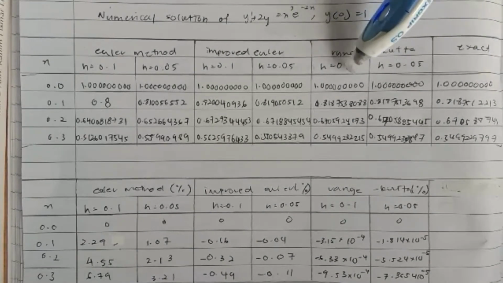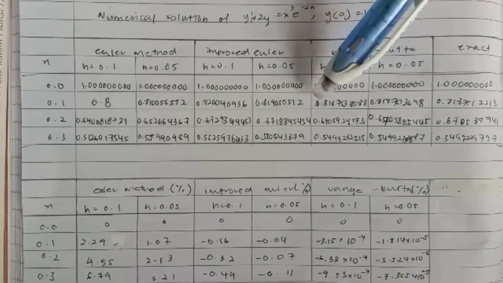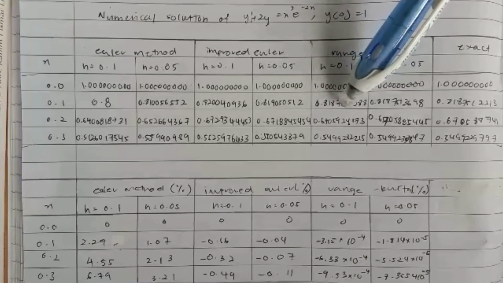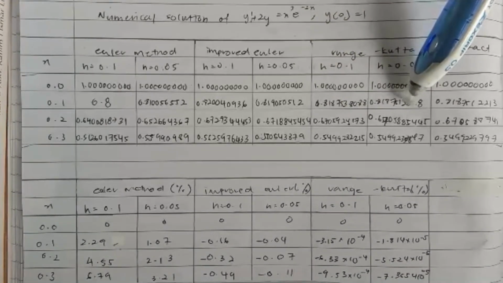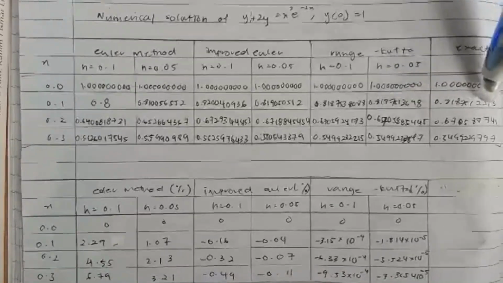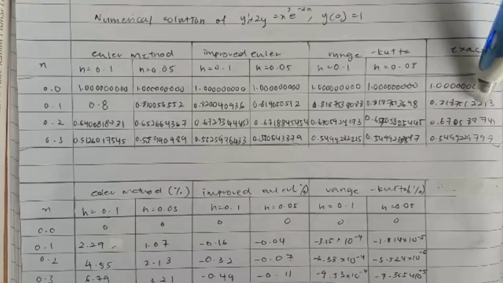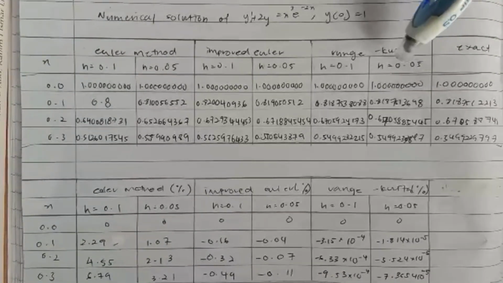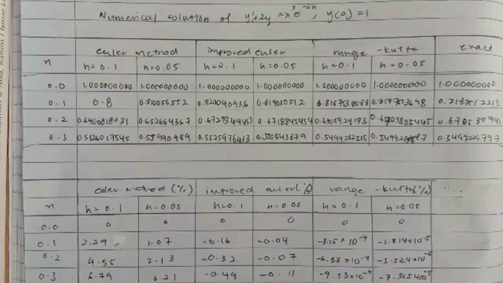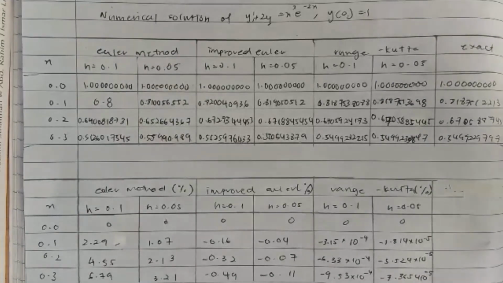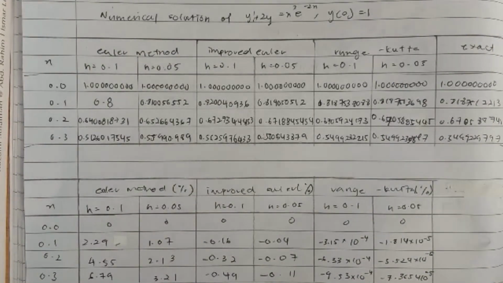But with h equal to 0.1, it's slightly different, with 0.181753888. This one, with 13698, is closer to the exact value. So when the value of h is smaller, the Runge-Kutta calculation will also become more accurate.